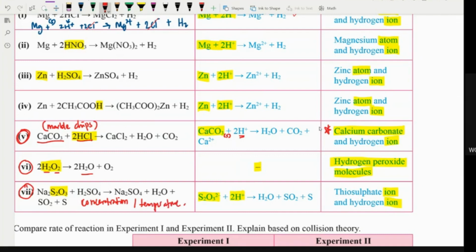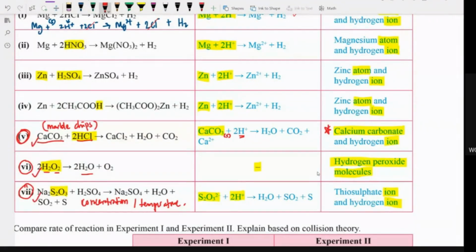You will do two experiments involving the factor of concentration and temperature using these two chemicals, sodium thiosulfate and sulfuric acid. So the ions that collide will be the thiosulfate ions and the hydrogen ions. These two collide.